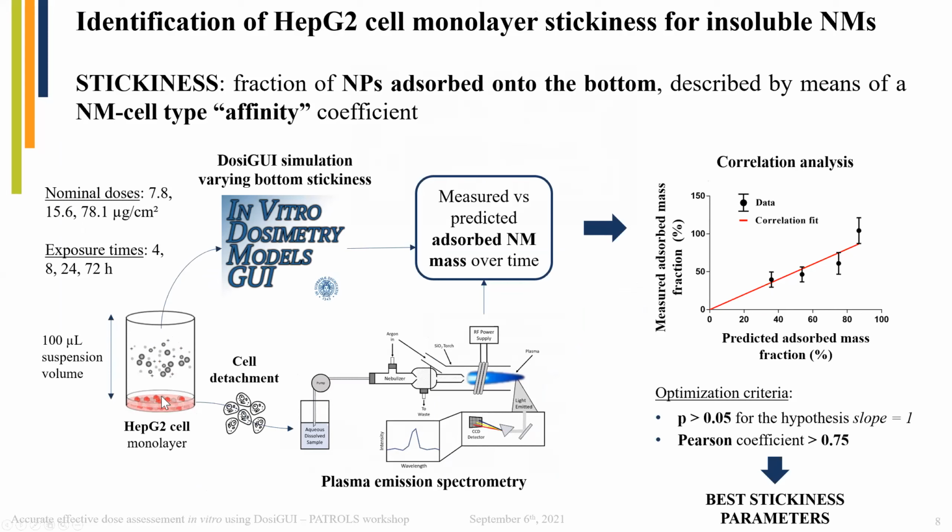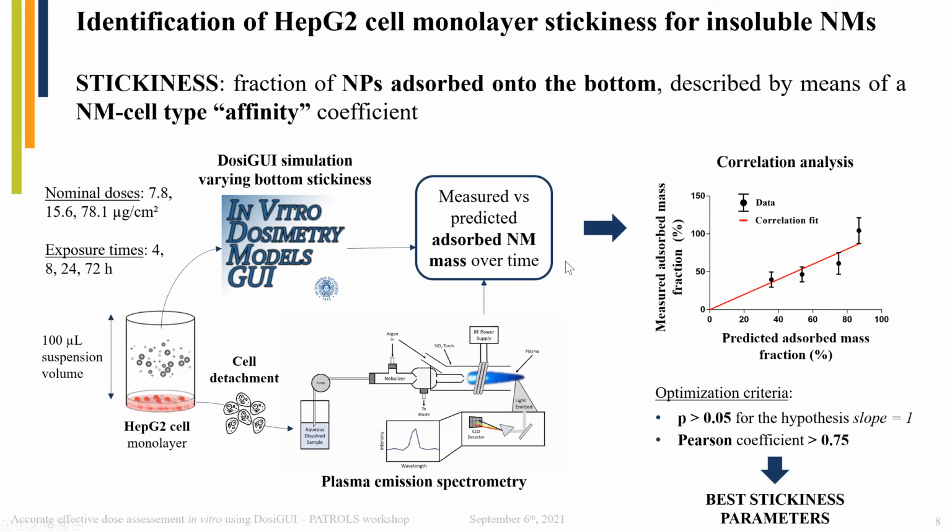Then at different exposure times, we scraped the cells off the bottom of the well, and we measured how much nanomaterial was present inside the cells. So we detached the cells, scraped them off, and measured using plasma emission spectroscopy the amount of nanomaterial absorbed into the cells over time.